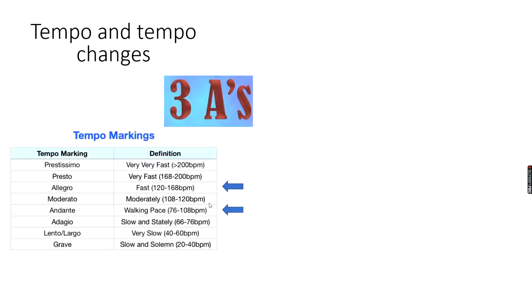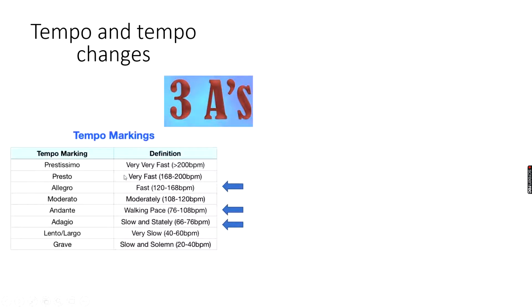If we feel that the music is just going at a medium pace, then that is andante. And if we feel that the music is going relatively slow, then it's going to be adagio. Of course, there are extremes of the tempo.